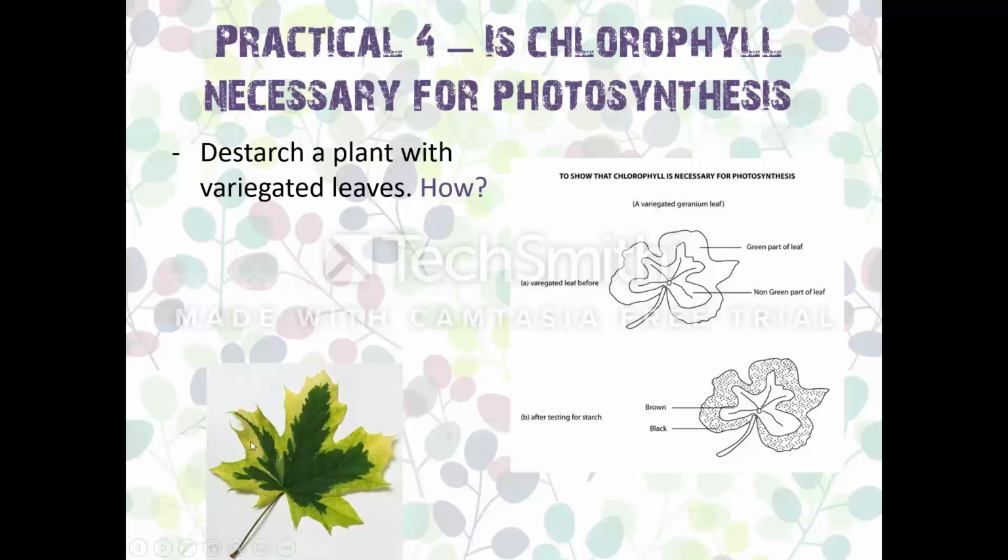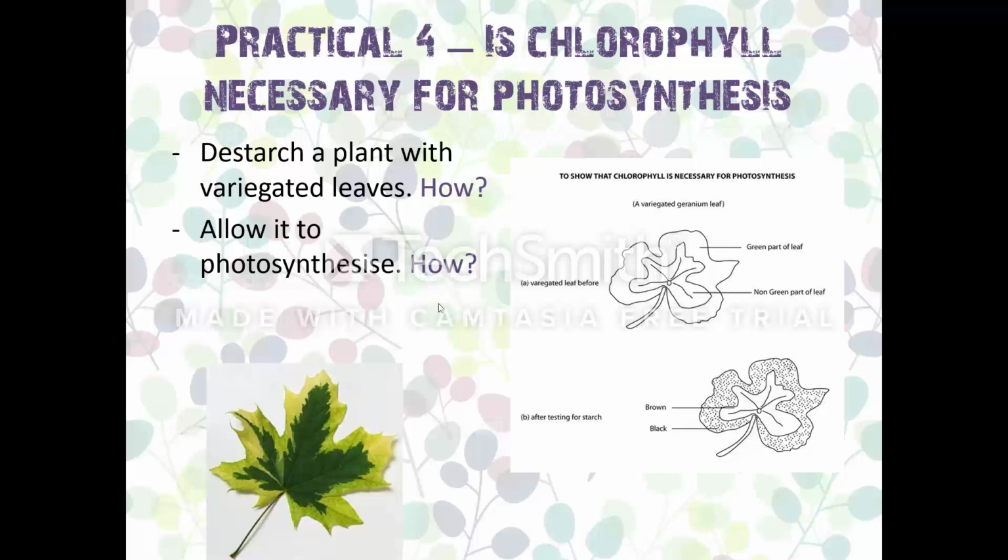That's important because by using a variegated leaf, we are able to test where chlorophyll is present and where chlorophyll is not present. So we're going to take that variegated leaf, we're going to destarch it, firstly. Secondly, we're not going to take the leaf, guys.